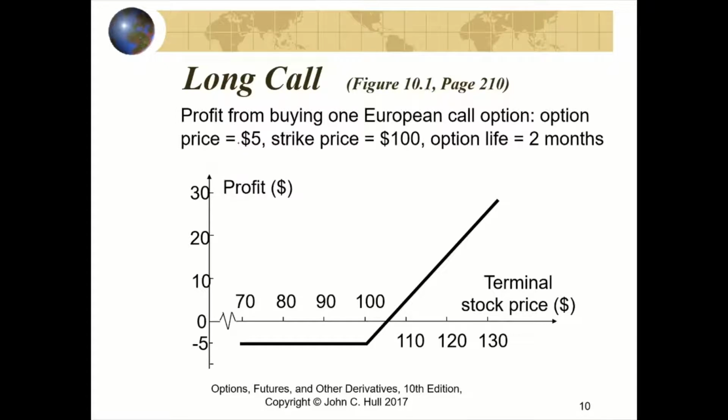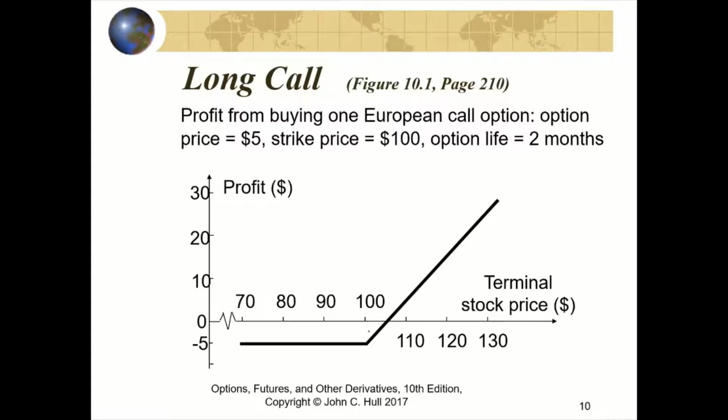The premium for the option is $5. The strike price is 100, and the option life is equal to 2 months. So here we will see what will be the investor's profit at different ranges of prices on the expiration date of the option. So we will compare the underlying price at time T and the profit or loss for the investor.